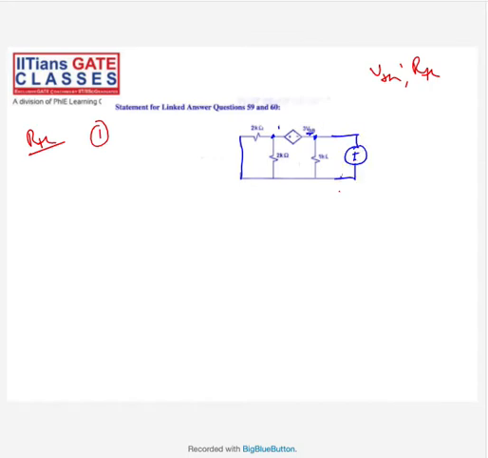You can take any of it, but it's better if I take something that simplifies my problem. If this is 1 volt, so this will be directly 3 volt, right? So now if I find the current I here, V by I will give my resistance.